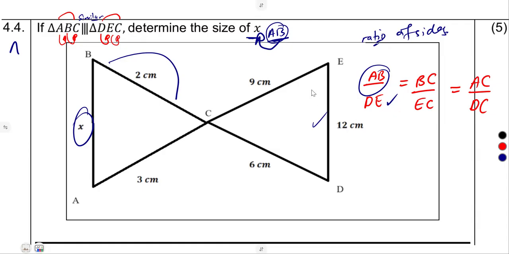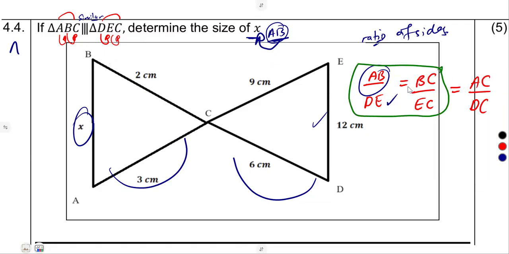All right. Over EC, this one is a complete ratio. We also have AC over DC, it is also there. So guys, we're going to use anyone that you want to use.